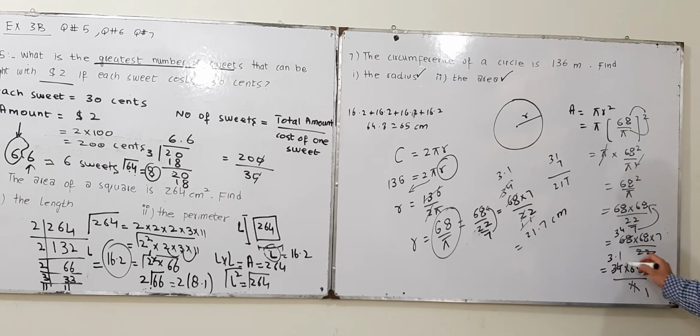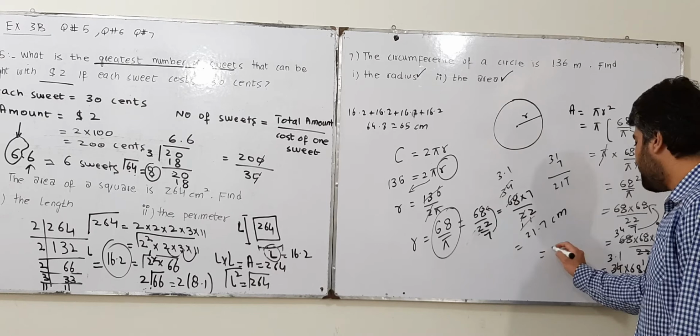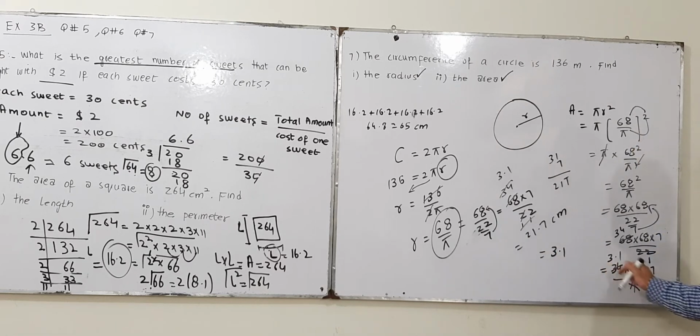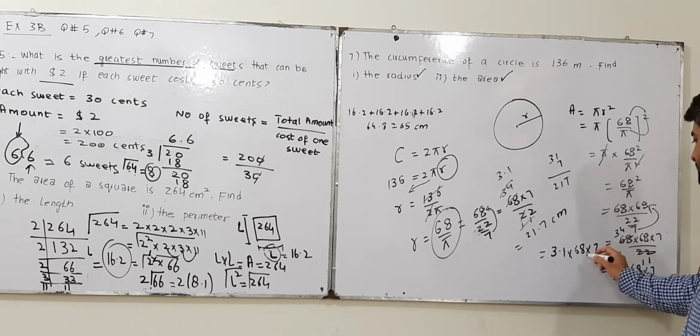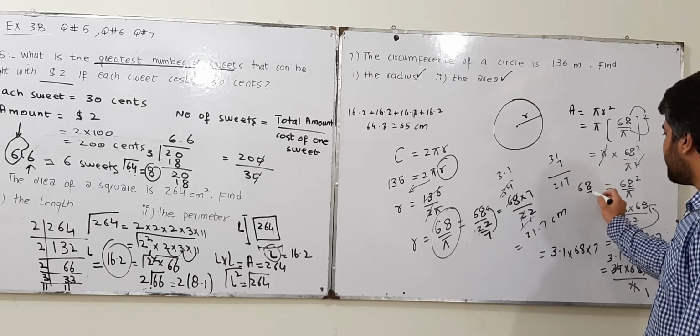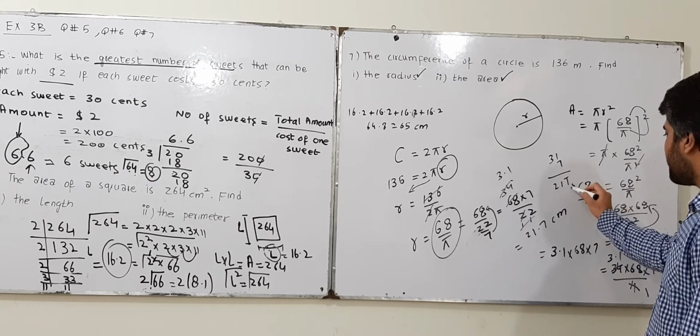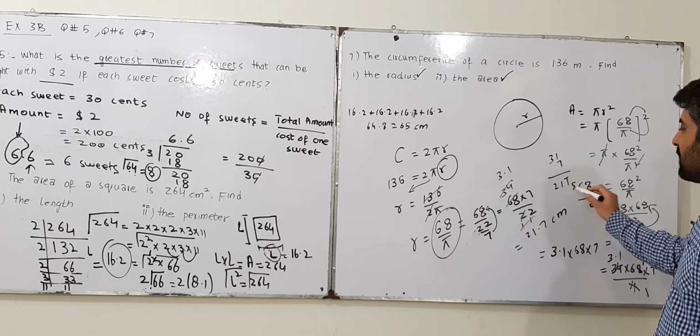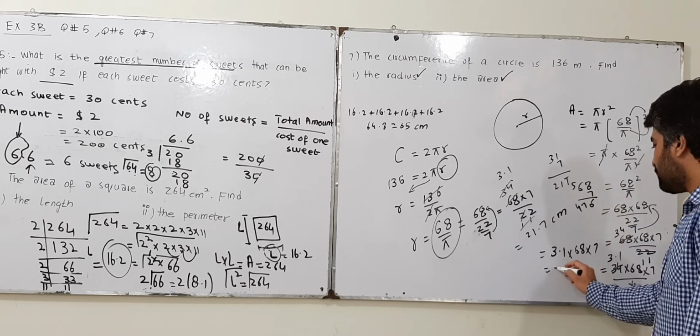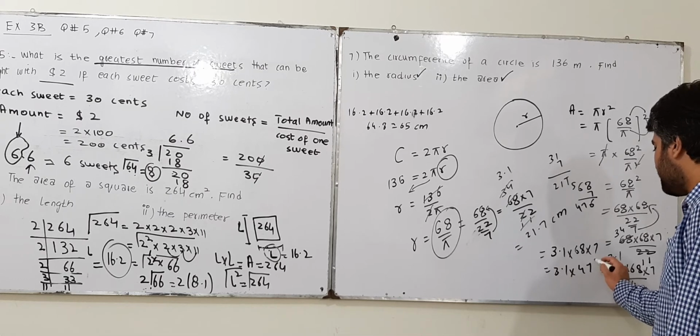Now multiply 68 and 7, meaning you have to multiply 3.1 with 68 and 7. 68 and 7: 7 times 8 is 56, 5 carried over, 7 times 6 is 42 plus 5 is 47. So 3.1 into 476.